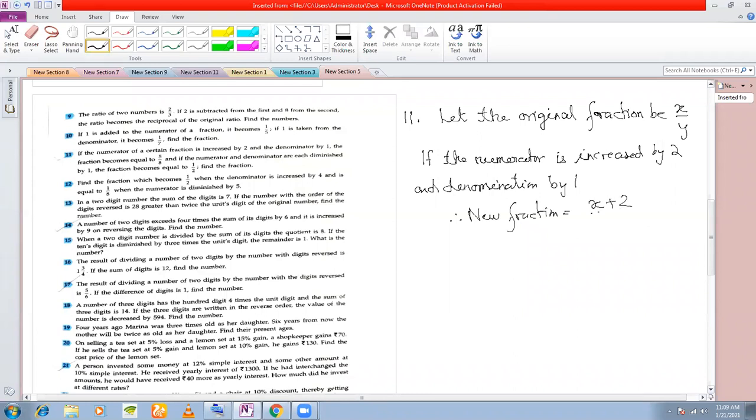The numerator is increased by 2 and the denominator increased by 1. Both are increased. So this is my new fraction.